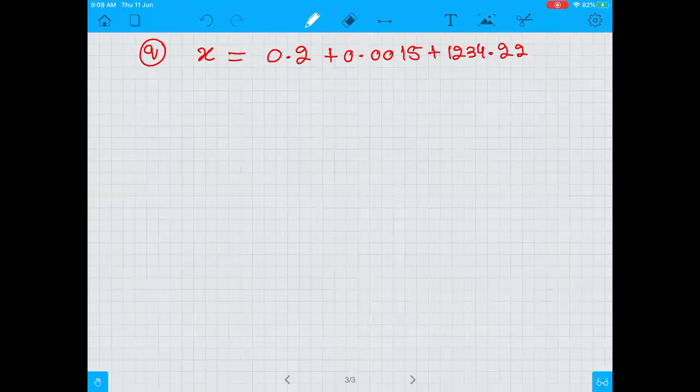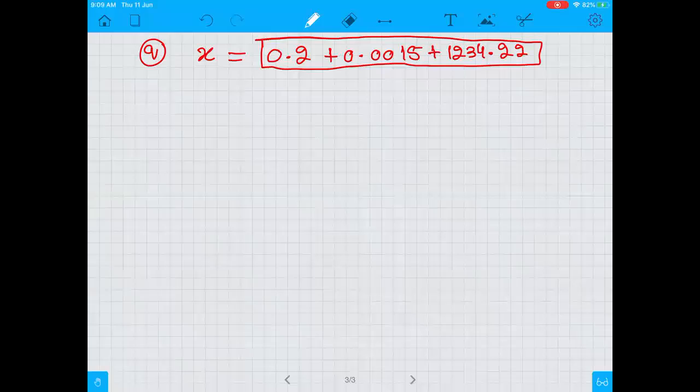Now, you can find the answer of this calculation from the calculator. However, one thing is important: how will you write the answer up to the correct significant figures? While adding or subtracting, we do not care about significant figures, but about the decimals or precision.